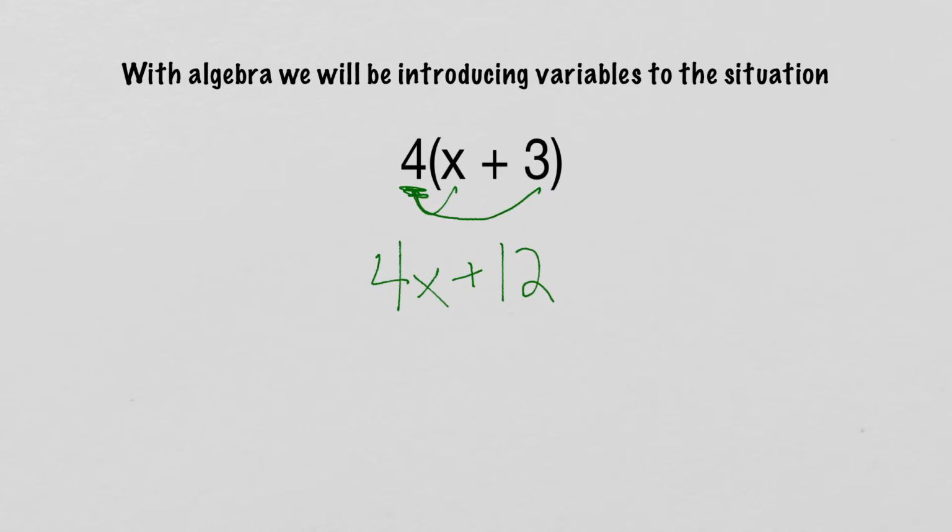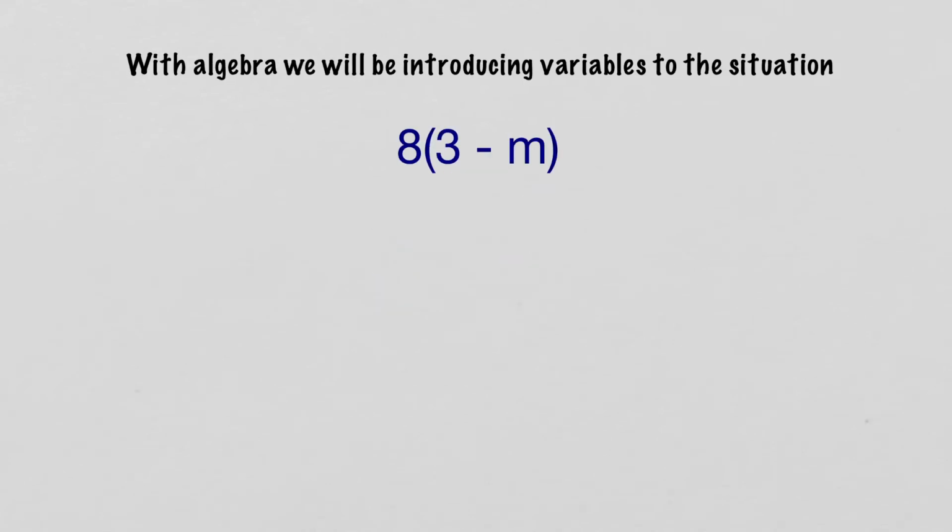Let's take another look at what that might look like. Here's another example. We have 8 outside the parenthesis being multiplied by 3 minus m inside the parenthesis. Again, I don't know what 3 minus m is, so I have to use my distributive property here. I'm going to take that 8 on the outside and multiply it by the 3. 8 times 3 is 24.